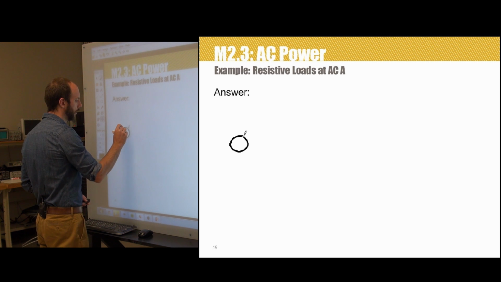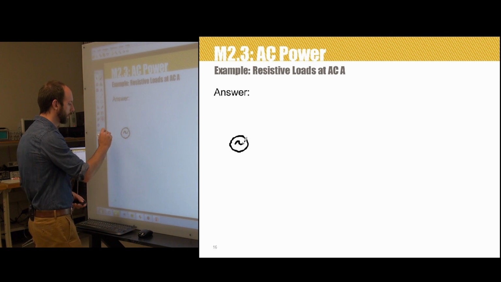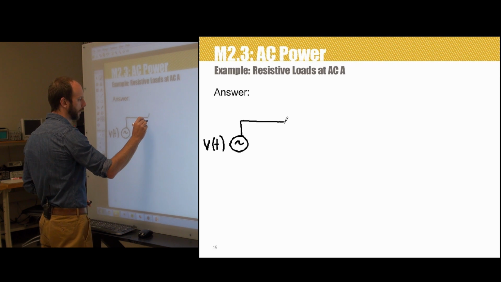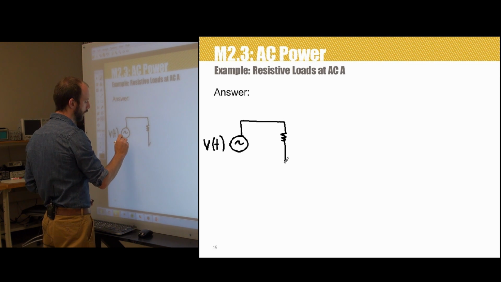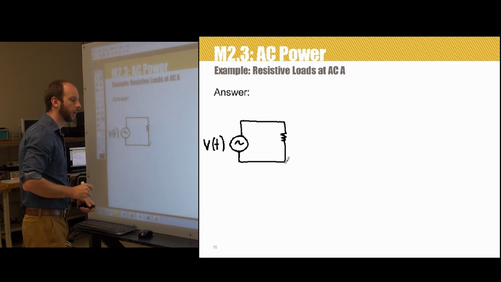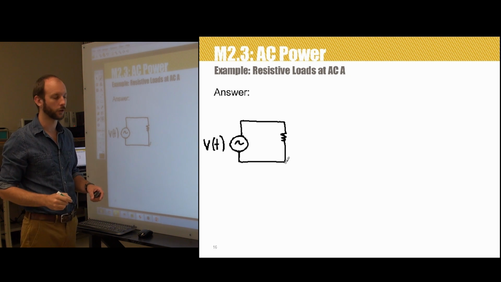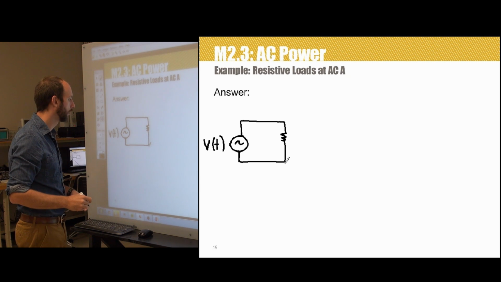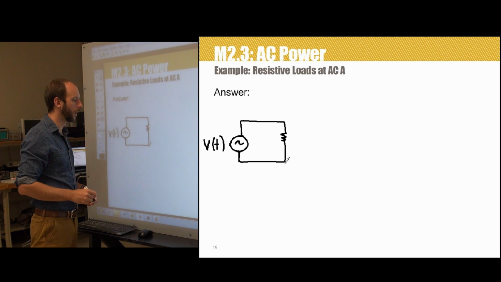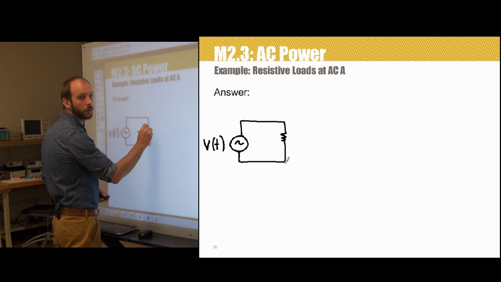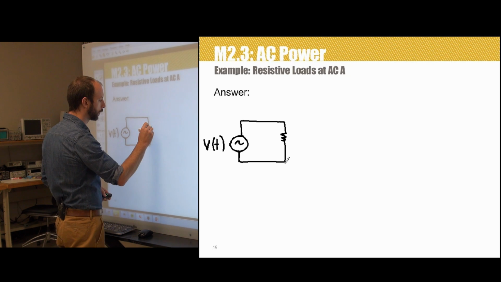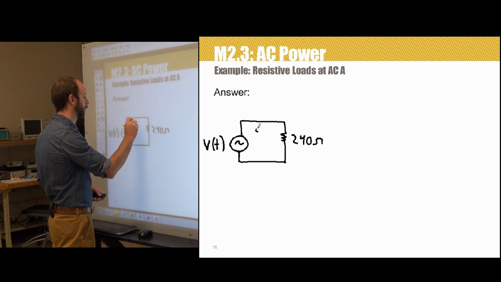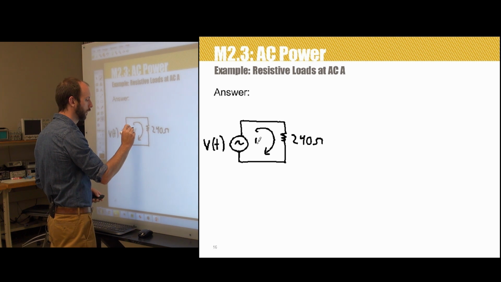We've got a voltage source, v(t), and a resistor connected directly to the terminals of the voltage source, so we say that it is in parallel. This is 240 ohms, you'll recall. And our challenge is, can we find i(t)?